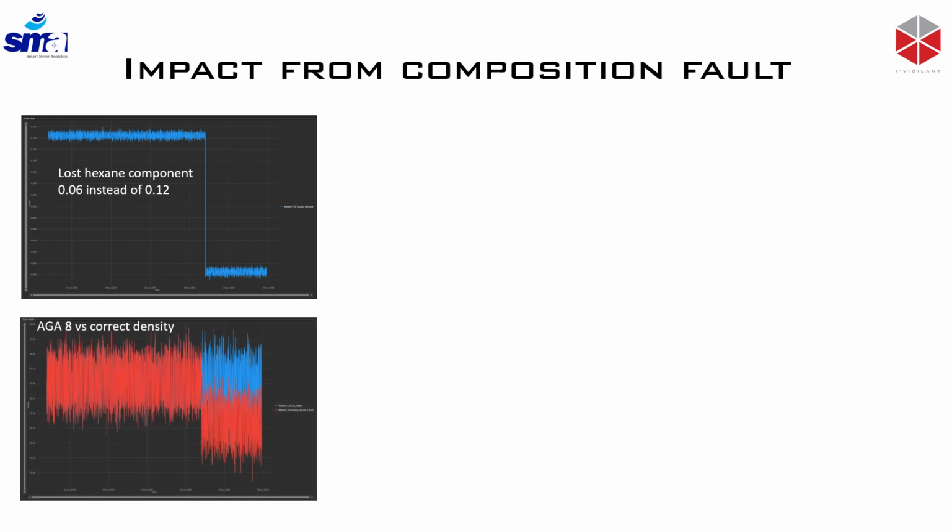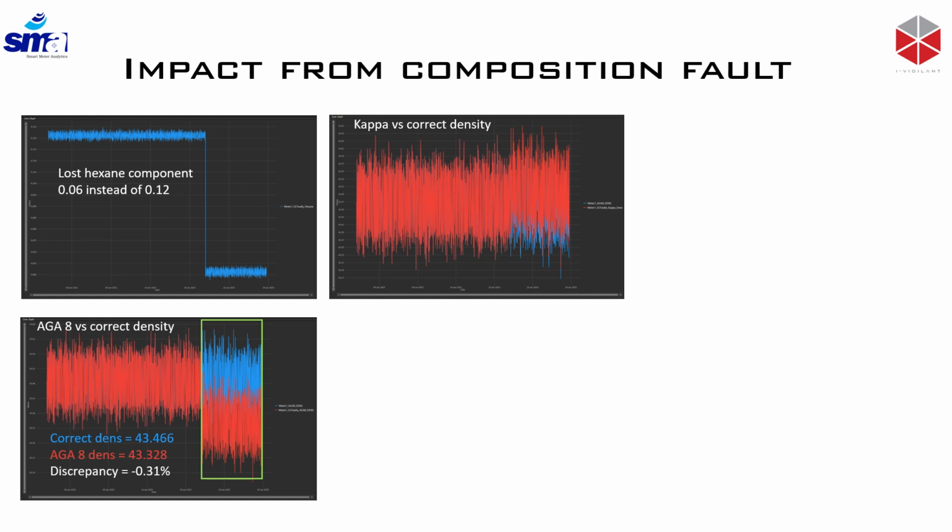The impact is a reduction in the density. If we compare the AGA density against the correct density, we get a reduction of 0.31%. But if we compare the correct density against the kappa density, we get an increase of 0.06%.